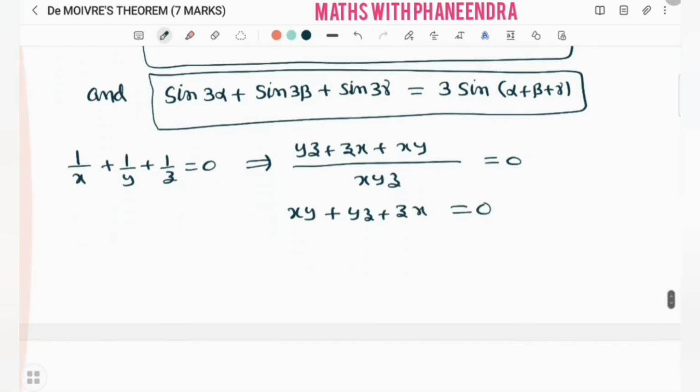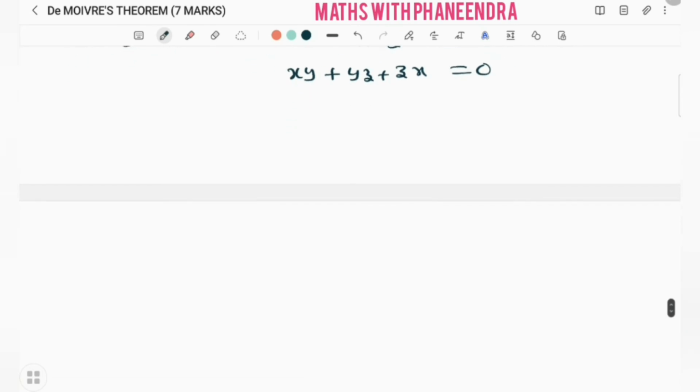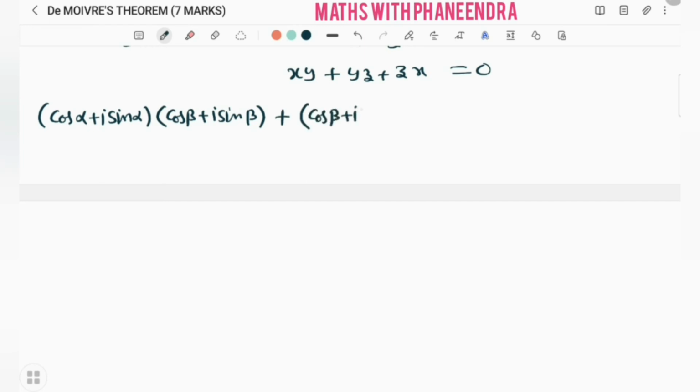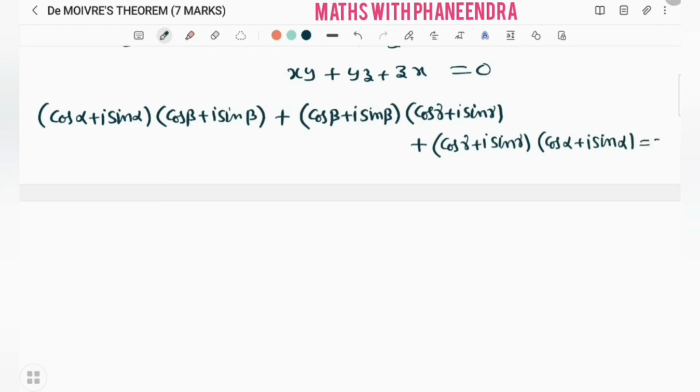Now substitute the respective values of x, y, z. So we can write it as cos alpha plus i sin alpha into cos beta plus i sin beta, this is xy, plus yz, cos beta plus i sin beta into cos gamma plus i sin gamma, plus zx, cos gamma plus i sin gamma into cos alpha plus i sin alpha is equal to 0.